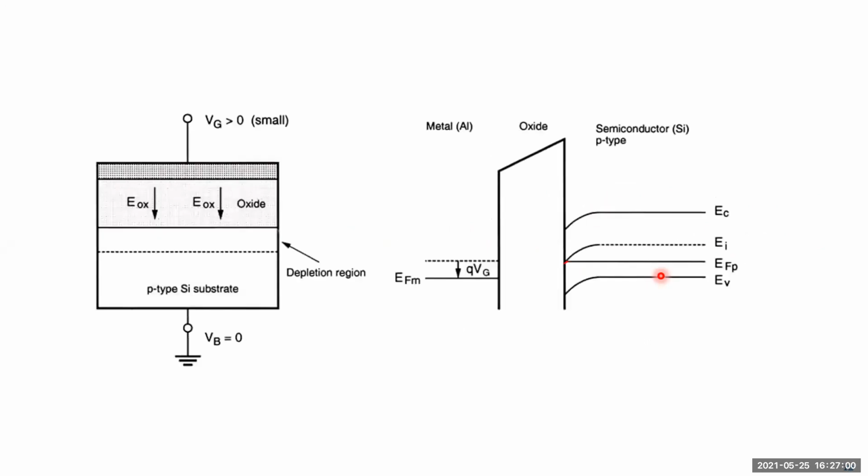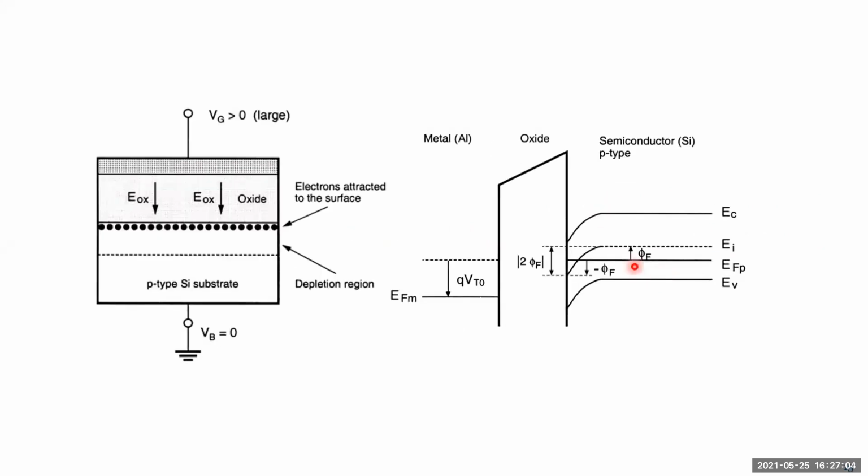Once you do this, then you start bending it again. So now you can understand why it's 2φF if you look at this diagram, because this is a p-type material, right? Let me take the cross section of this. If I take this cross section, it just looks like a p-type material, right?